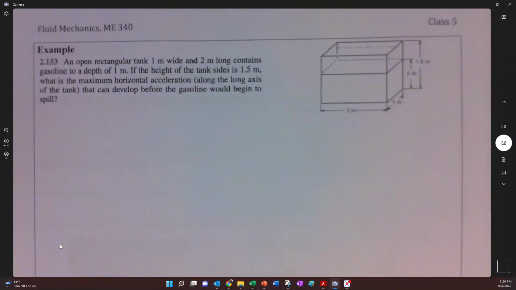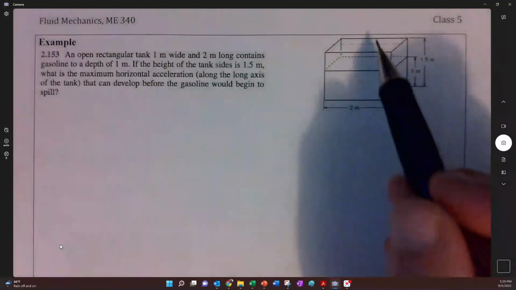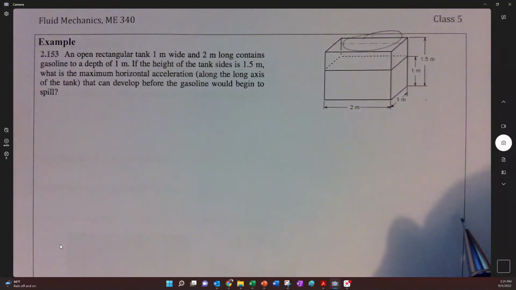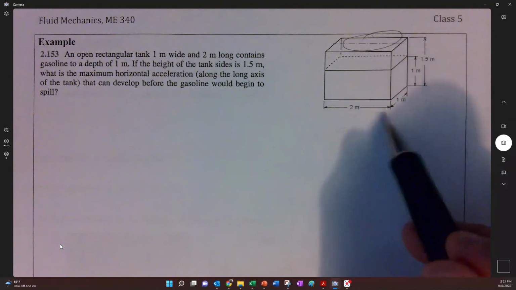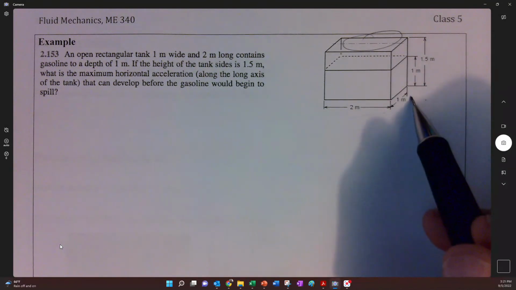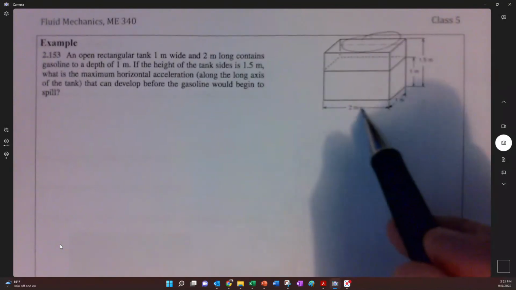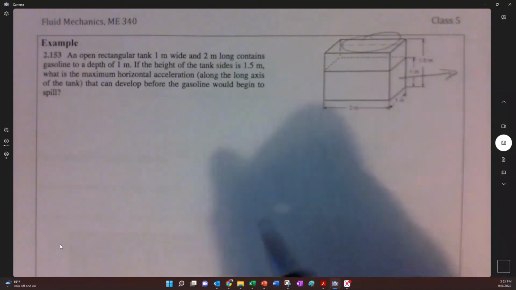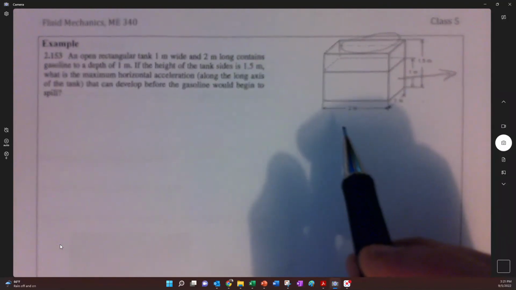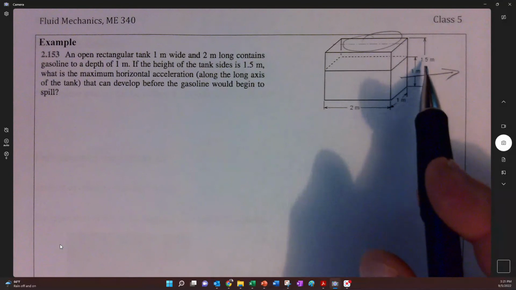But we want to find out. Well, let's read it. The open rectangular container, right? So this right here is open at the top. It is 1 meter wide and 2 meters long, right? So it's going to be moving in that direction. And the tank has a height of 1.5 meters.